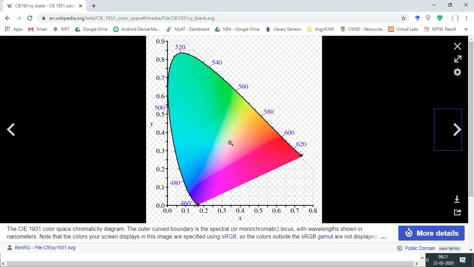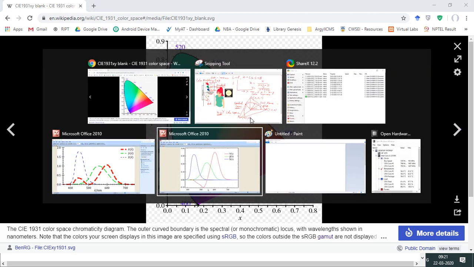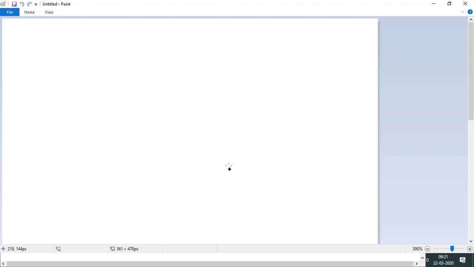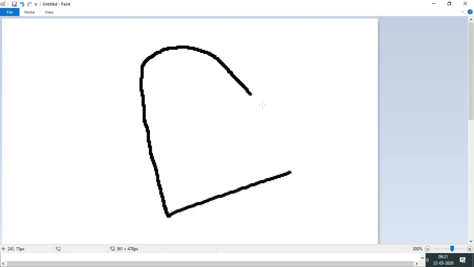Also remember I talked about how, in the CIE RGB color matching functions, the red was going into the negative side. So I will try to explain it in a different way. Let me try to draw the CIE chromaticity diagram. Something like this. Here is 400 nanometer, this is 700 nanometer, so it is going like this.